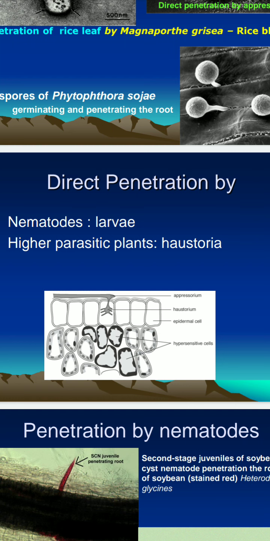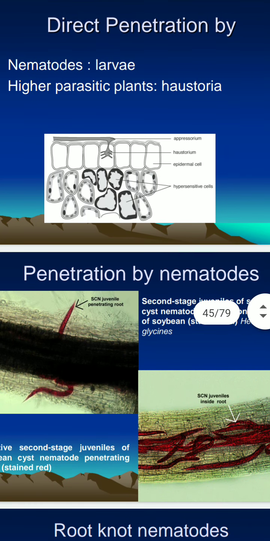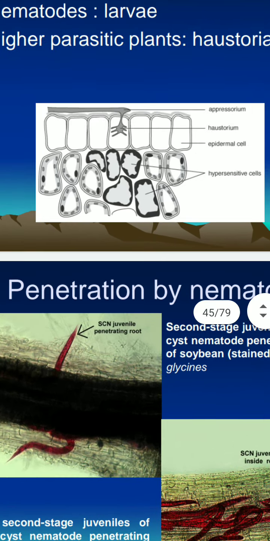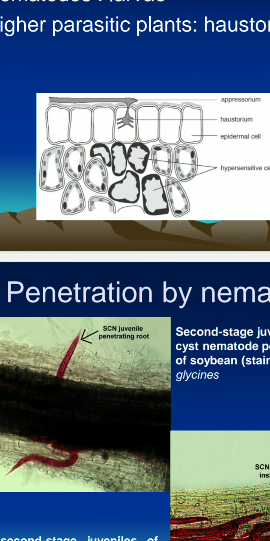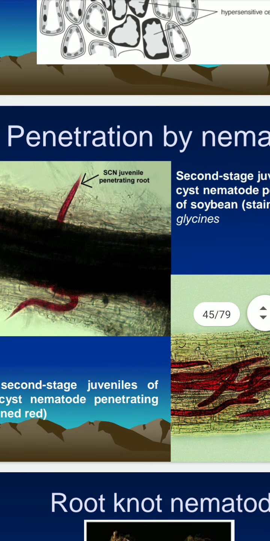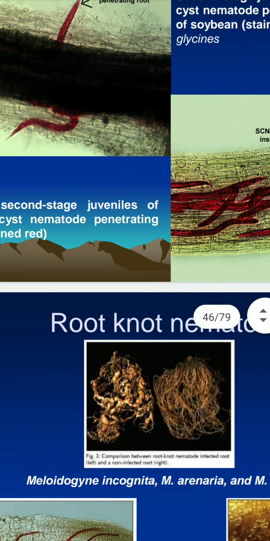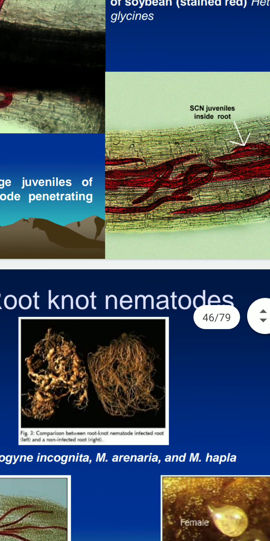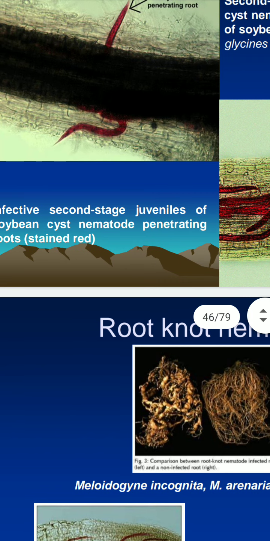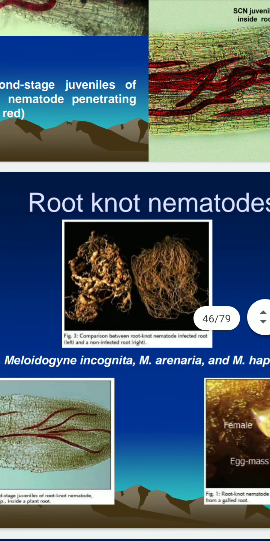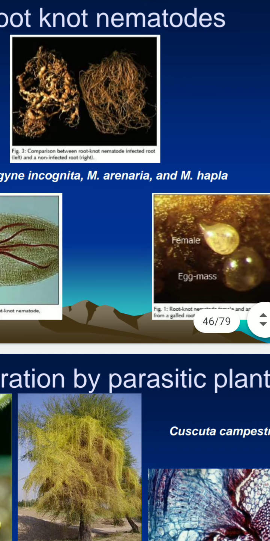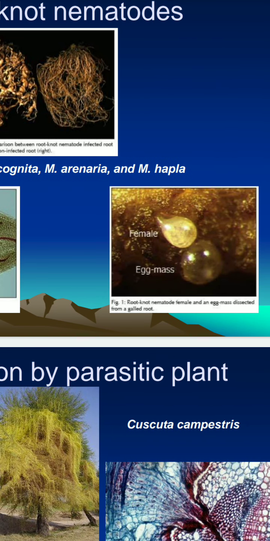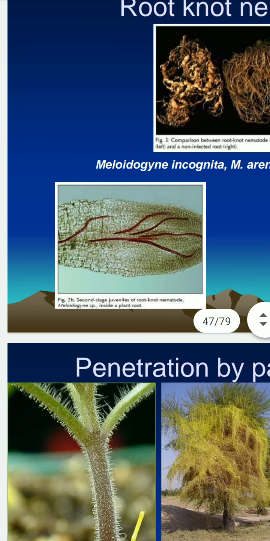Here we can see diagrams showing nematodes entering the root tissue and host tissues. Root knot nematode is entering the root, with the female and hatching eggs, and this shows how the root knot nematode enters the root tissue.